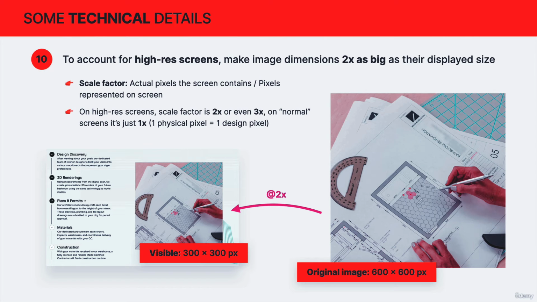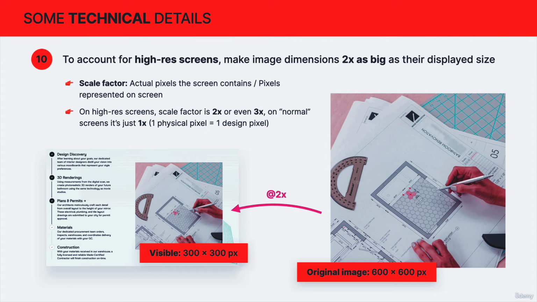Now, what this means is that for any pixel that we specify in our design, and that includes images, the screen actually uses 2 or 3 physical pixels to display that 1 pixel. And it works like this because this will create a very crisp and high-resolution experience like you currently have on your own smartphone.